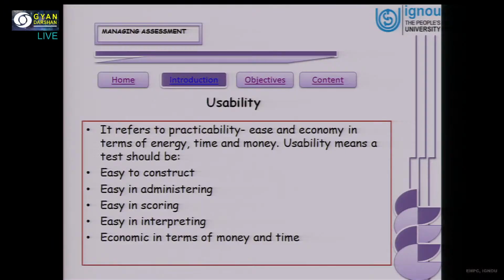So usability means the test should be easy in administering. It should be easy to construct, easy in administering, easy in scoring, easy in interpreting, and economic in terms of money and time. So here, easy to construct: while constructing the test, what are the aspects that should be taken into account?